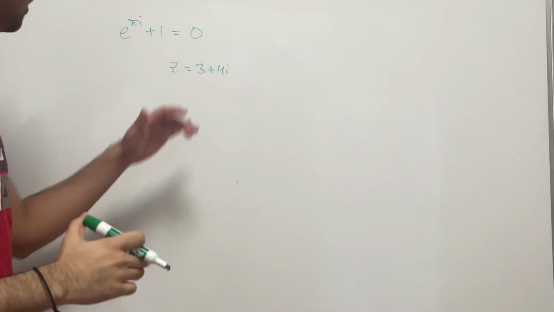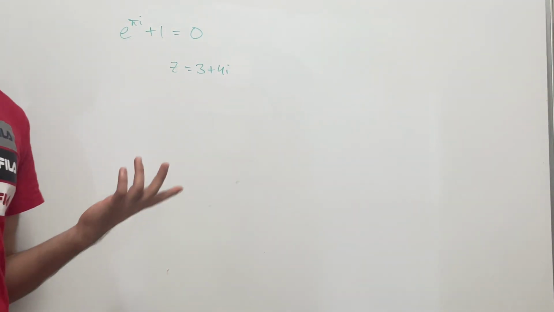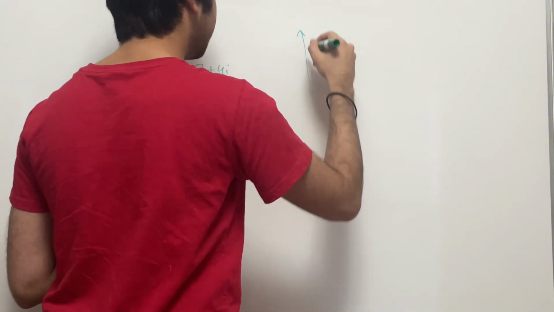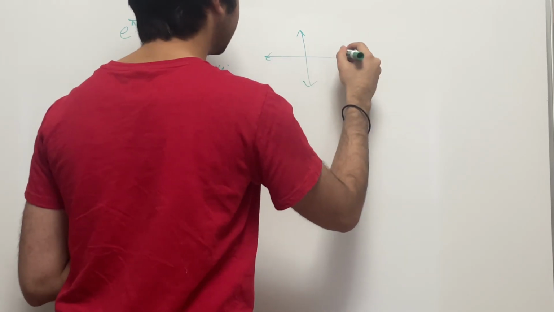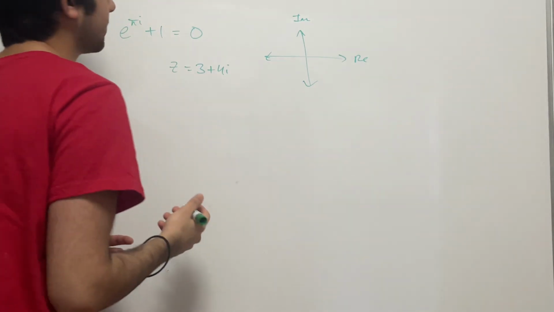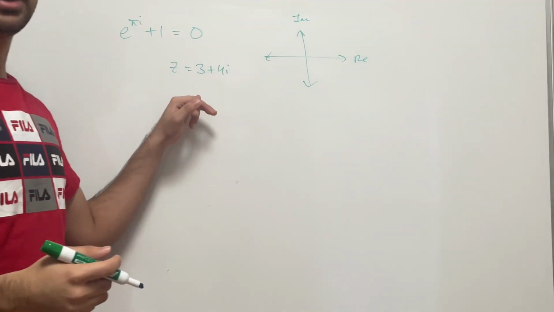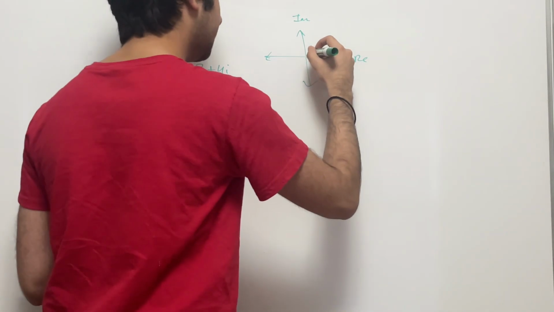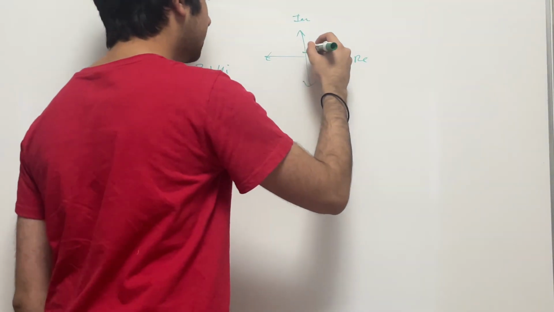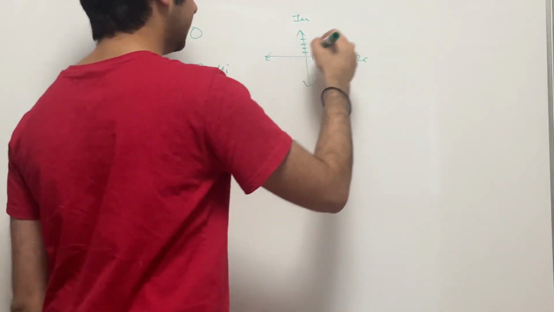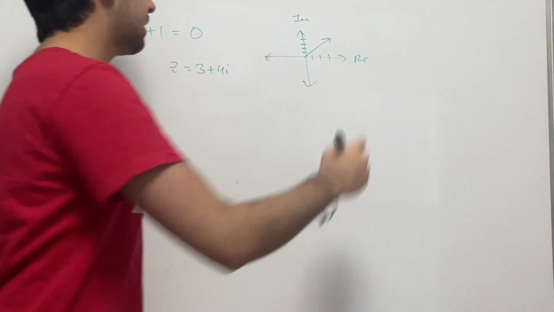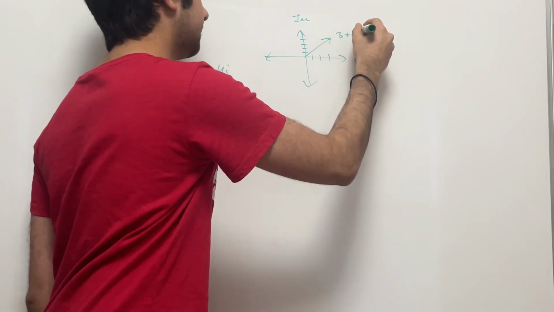This complex number, and actually all complex numbers, are basically vectors, because we can plot 3 plus 4i on a special coordinate plane where the x-axis is the real axis and the y-axis is the imaginary axis. 3 is the real part, so we go 1, 2, 3. 4 is our imaginary part, so 1, 2, 3, 4i, and we have a nice vector that represents our 3 plus 4i.